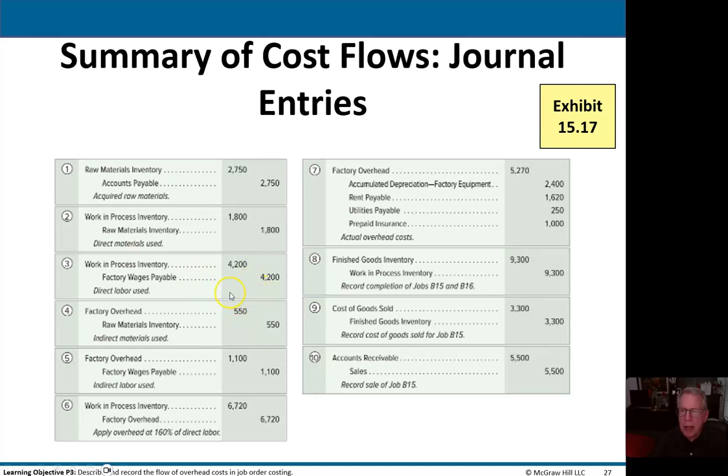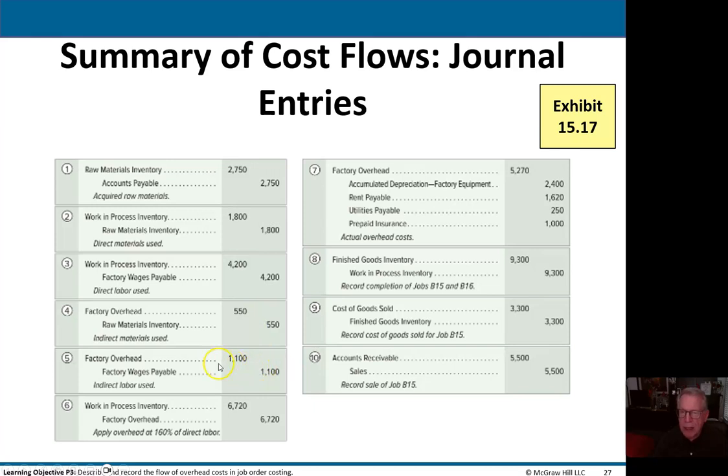And the credit is to raw materials inventory here for direct materials and to factory wages payable for direct labor. But we also have some indirect materials that we use. And as you can see, that is moved into factory overhead. The credit again is to raw materials inventory.